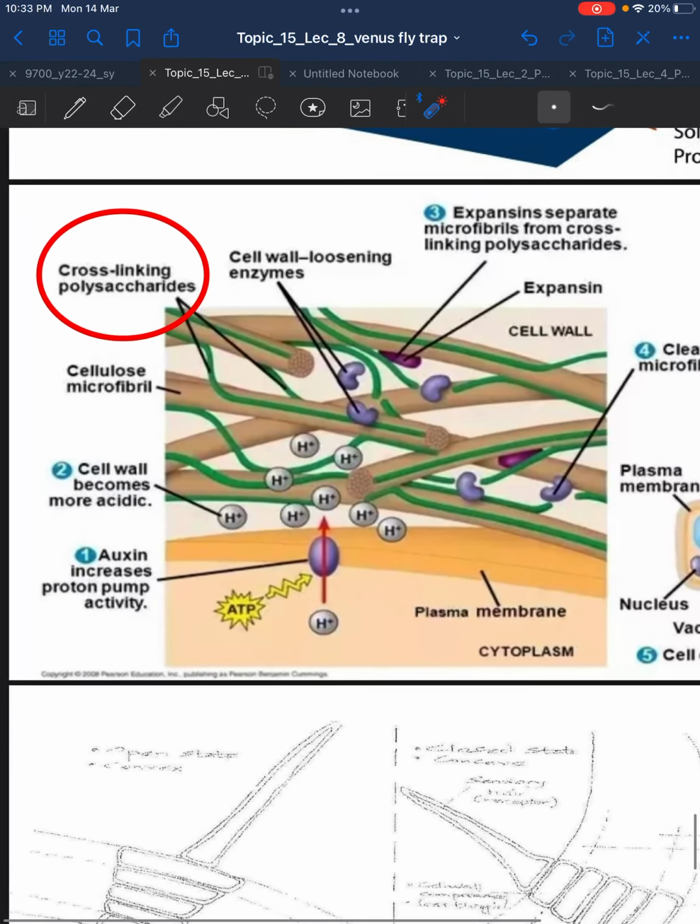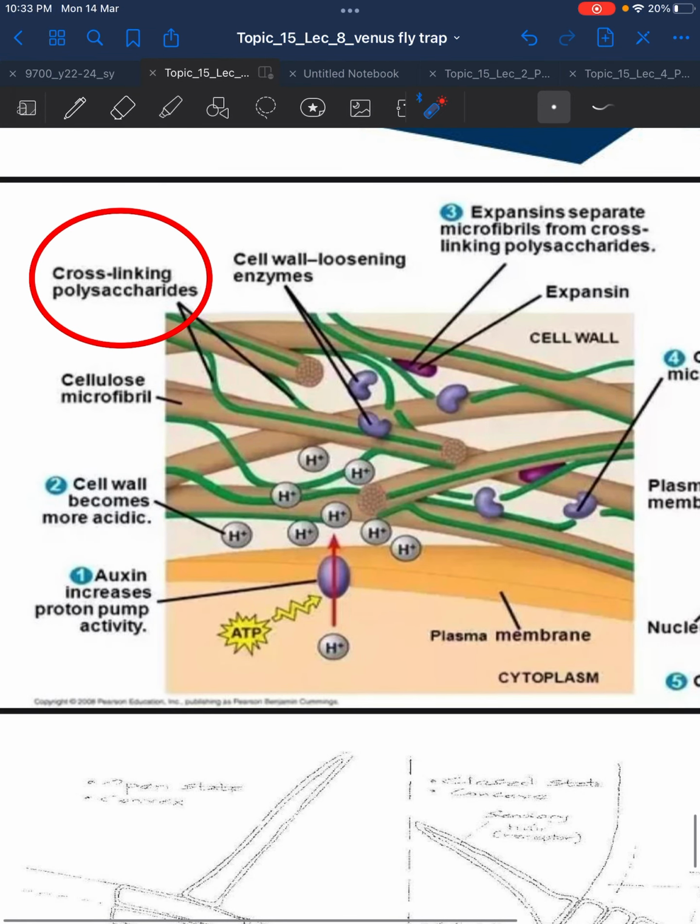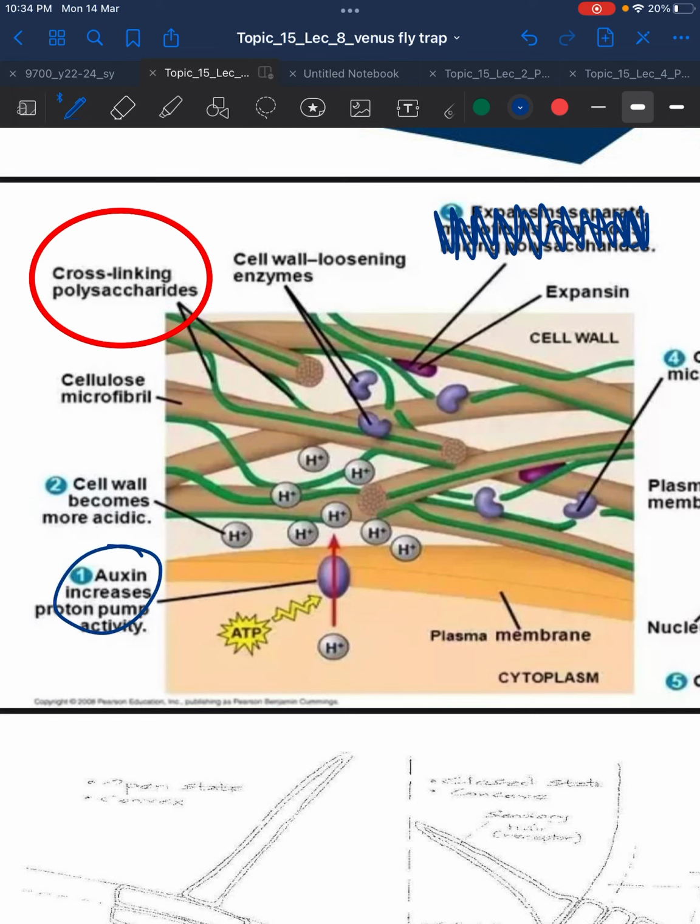The same thing here, but you don't have to talk about the expansion. This is more on the role of auxin. We will also be talking about this in the next learning objective, so don't worry about the auxin. But the mechanism is the same in cell elongation as well as in the closure of the Venus flytrap.